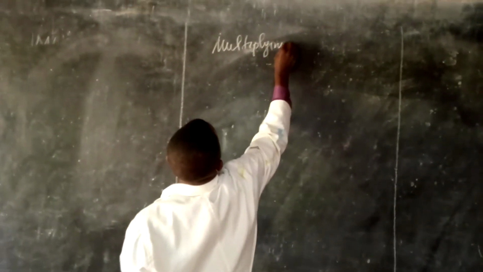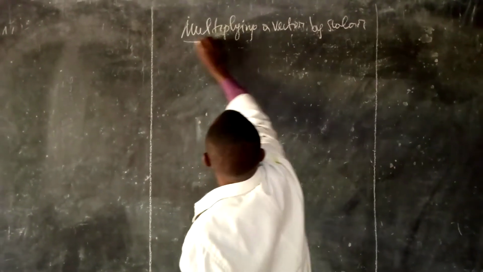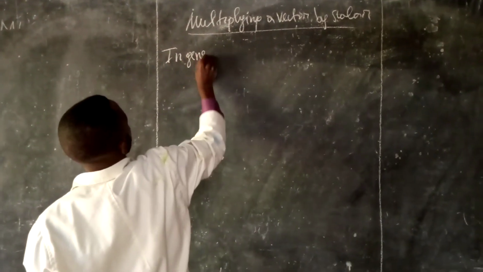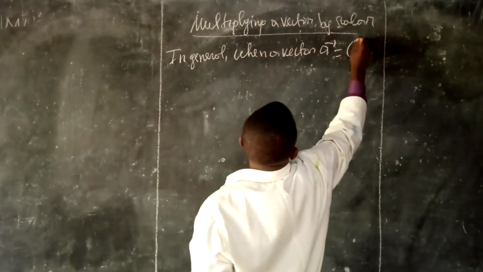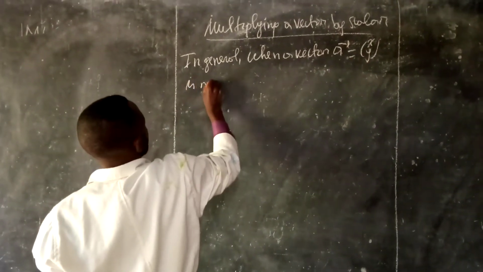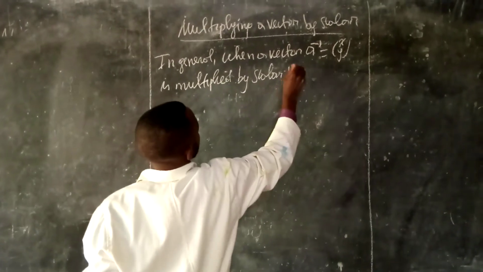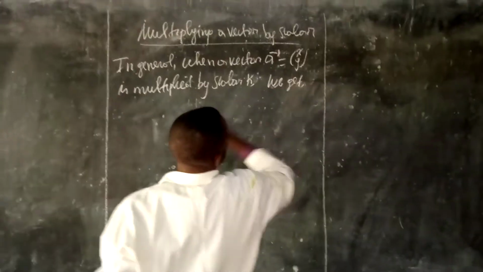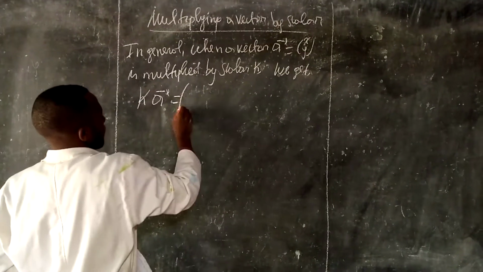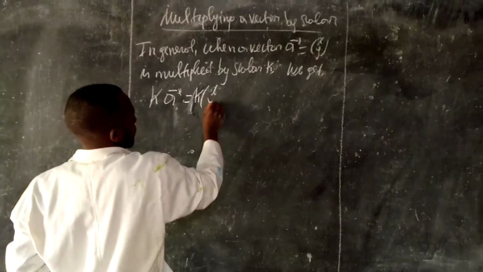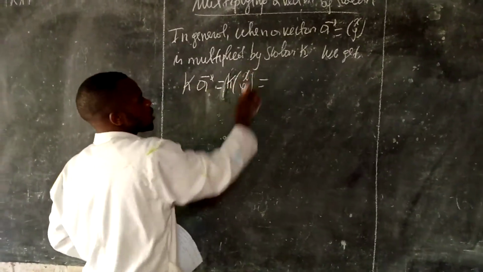Multiplying a vector by a scalar. In general, when a vector A, which has components x and y, is multiplied by a scalar k, we get k times vector A is equal to k times (x, y), which is equal to (kx, ky). This means that you multiply the scalar by each component of the vector.